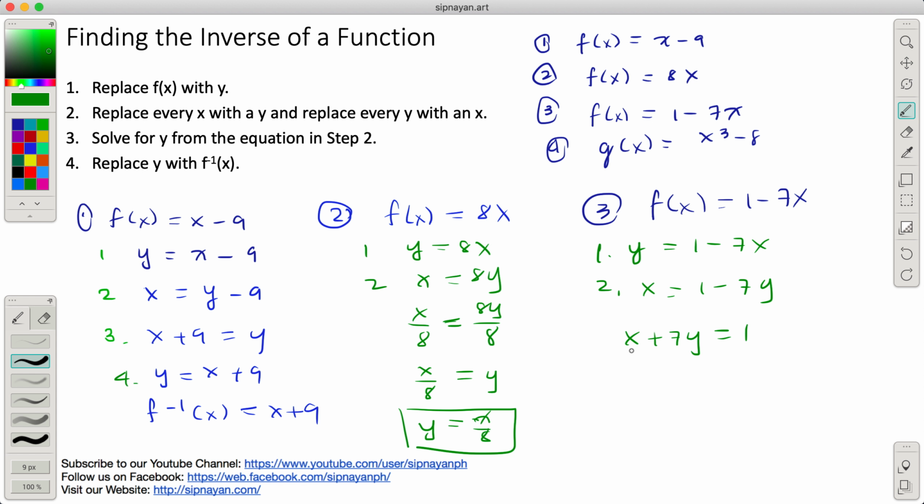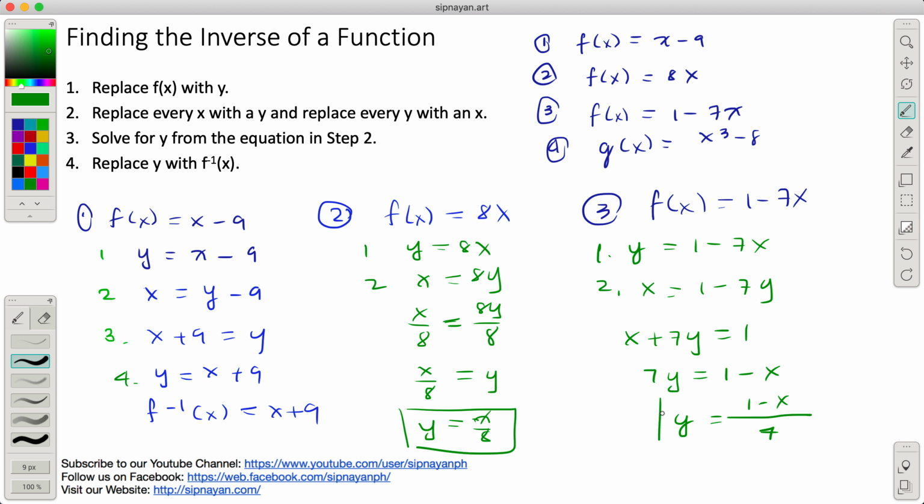So, x minus x dito is 0. Matitira sa kaliwa is 7y. And then, pag nag-minus ako ng x dito, magma-minus din ako ng x dito. So, y equals... Dividing both sides by 7, 1 minus x equals 7y, pag nag-divide ako ng 7 dito, makakancel. Y na lang matitira. Pag nag-divide ako ng 7 dito, dapat mag-divide din ako ng 7 dito.